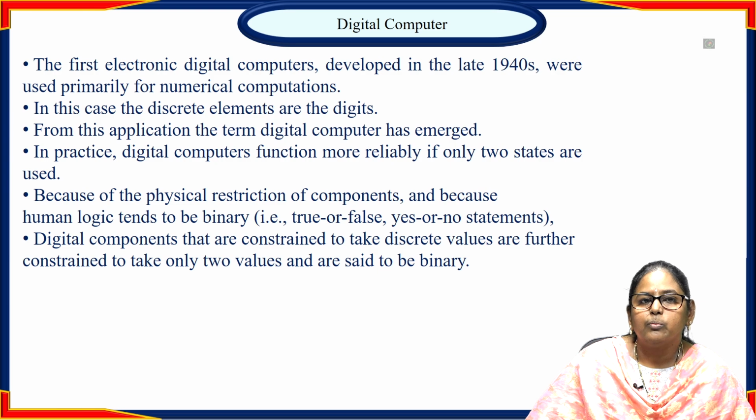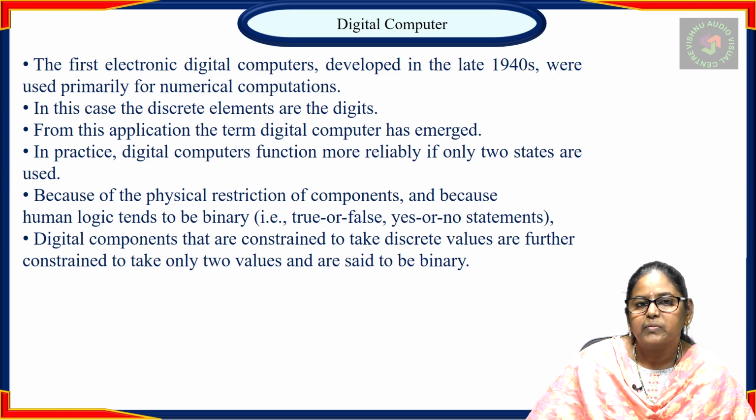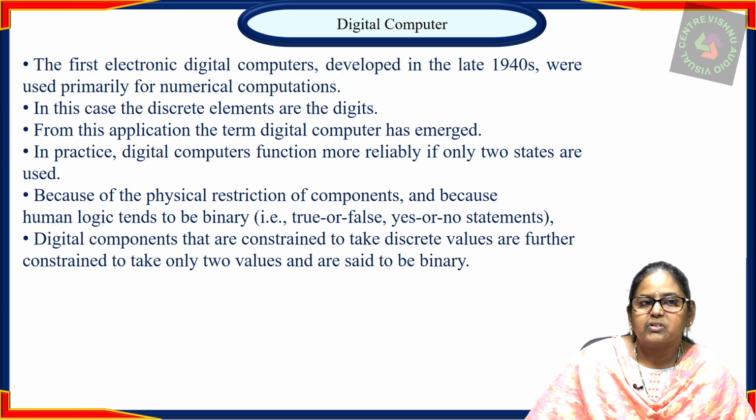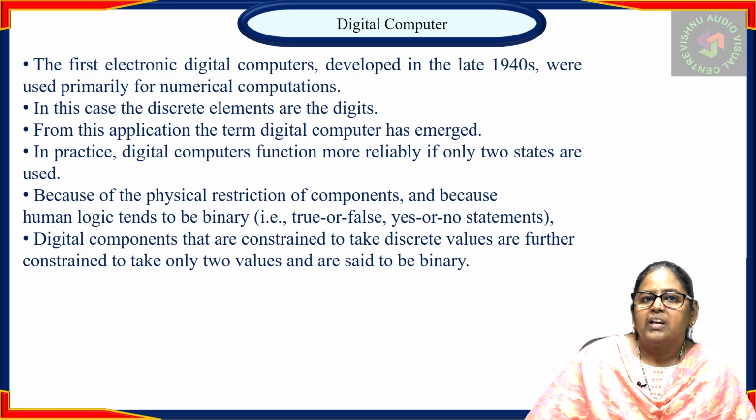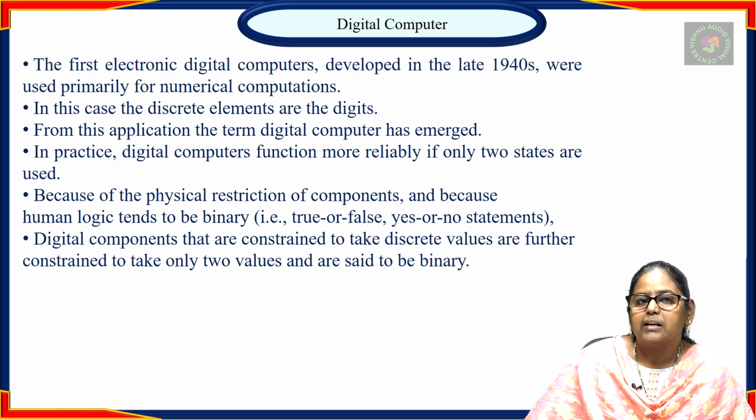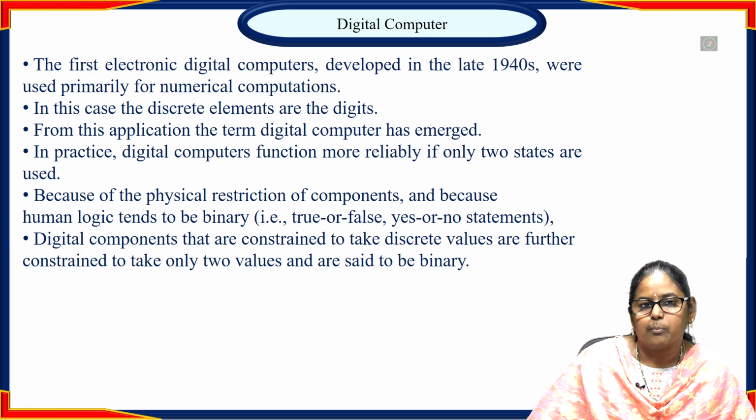These are going to be using the discrete elements, which are nothing but digits from 0 to 9. Especially we can give the example of calculators which we are using. And when we take our digital computers, in order to provide more reliability, we can have two states for a digital computer.